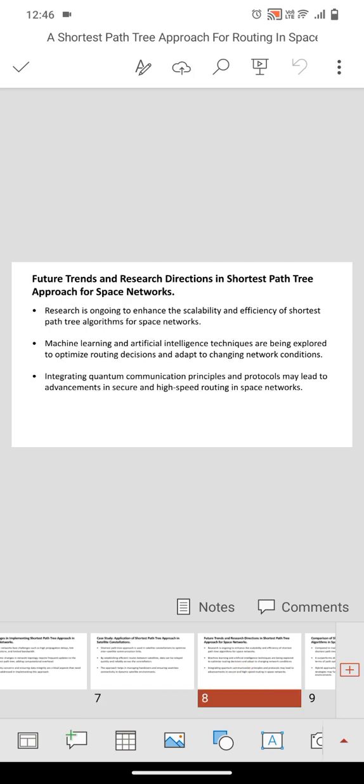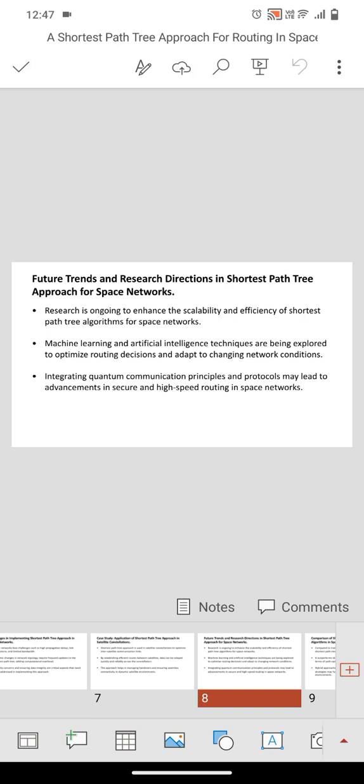We can see the next, future trends and research directions in the shortest path approach for space networks. Research is ongoing to enhance the scalability and efficiency of the shortest path tree algorithm for space networks. Machine learning and artificial intelligence techniques are being explored to optimize routing decisions and adapt to changing network conditions.